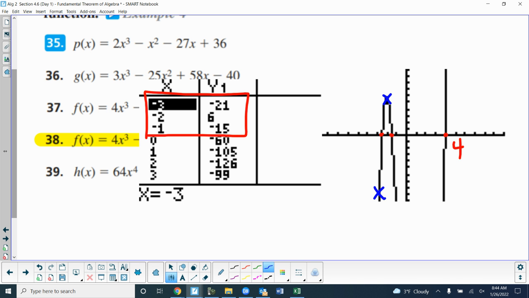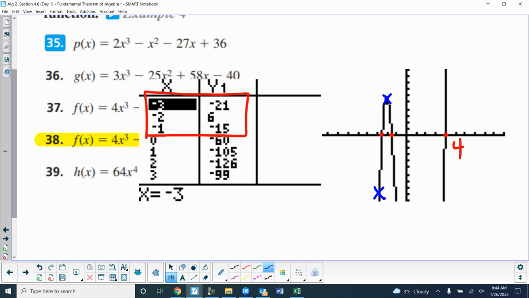That means that the graph crossed the x-axis, right? It went from a negative y to a positive. So it was moving from down here up. It crossed the x-axis. So there's a 0 between the -3 and the -2.